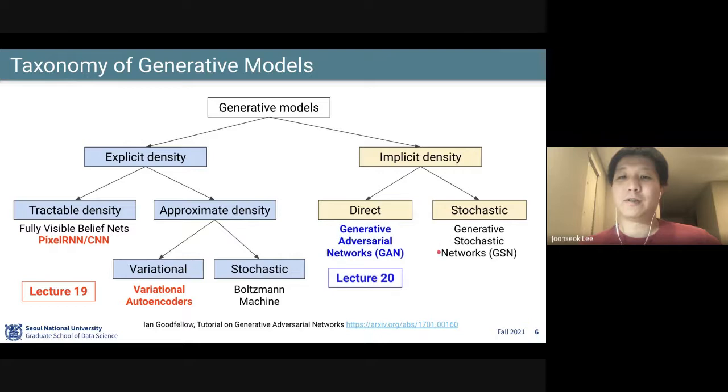And in the next lecture, lecture 20, we are going to see generative adversarial networks, which is a huge topic, actually. In some schools like Stanford, they have a semester-long course only on generative adversarial networks. So we are going to just very briefly see the most important papers there and just give you the basic ideas.